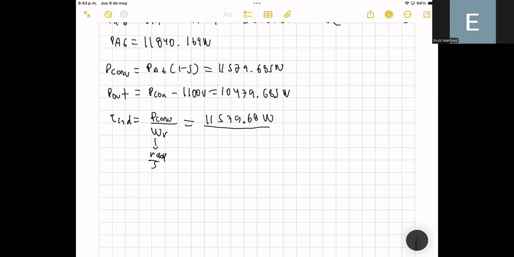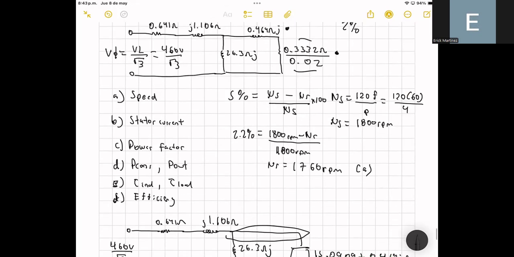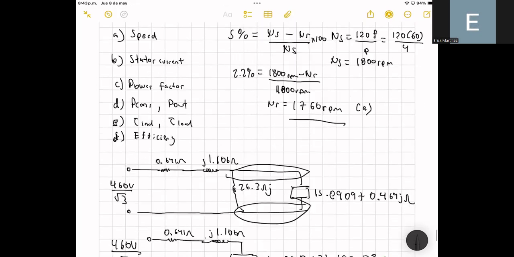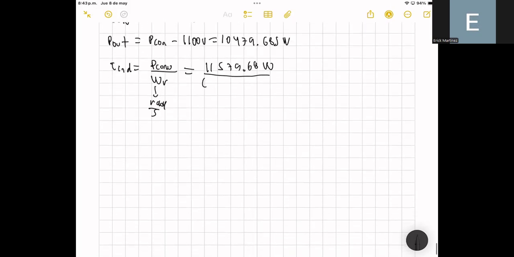We can compute the speed of the rotor because we know it. We need to convert this value into radians over second. So you will get 1,760 revolutions per minute.